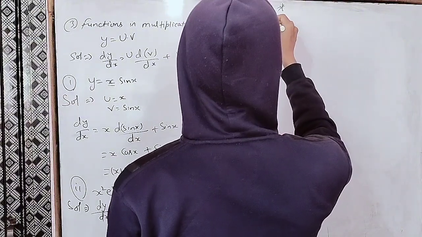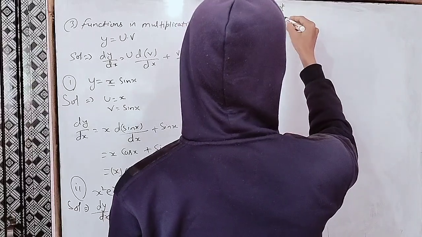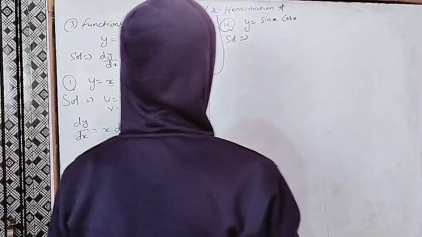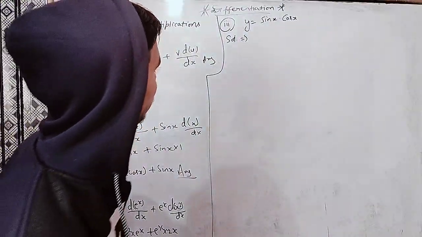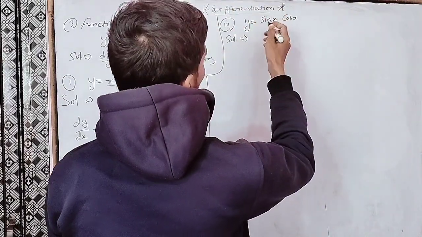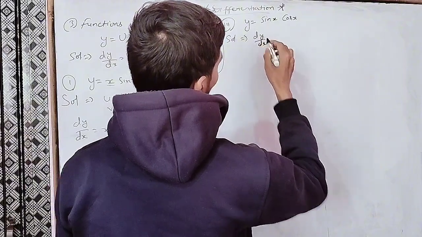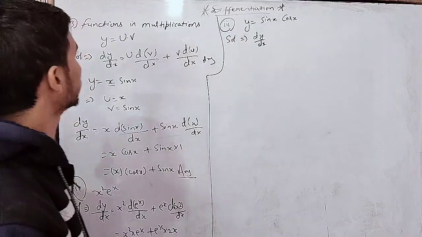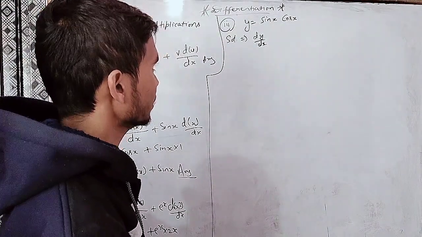Next we have y is equal to sin x cos x. Find dy by dx. Here we are looking at which functions are in multiplication.